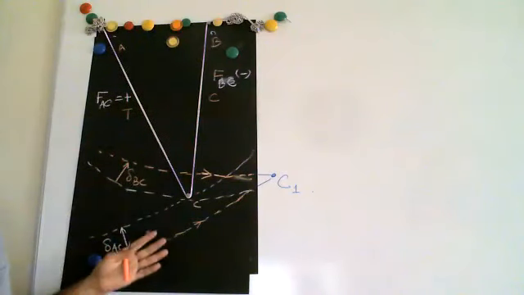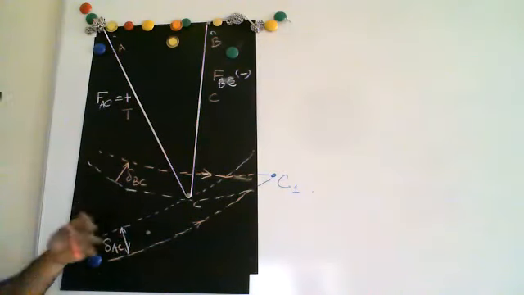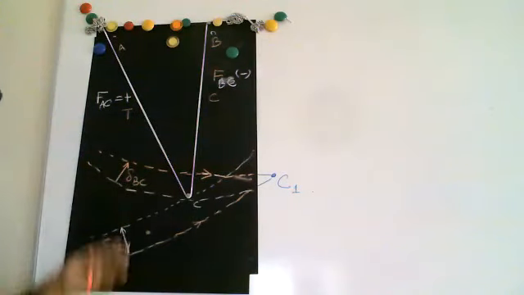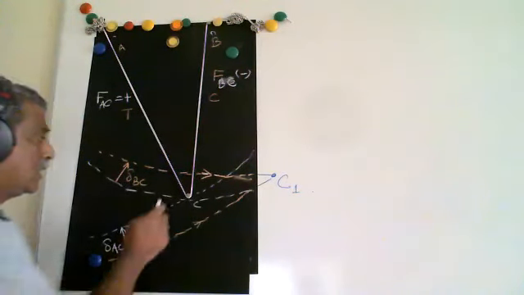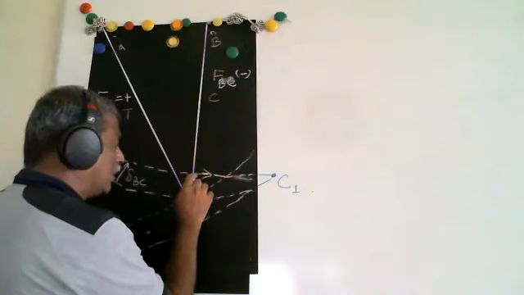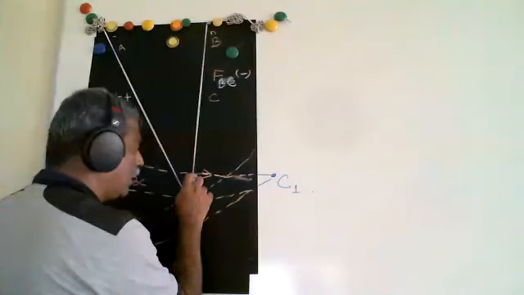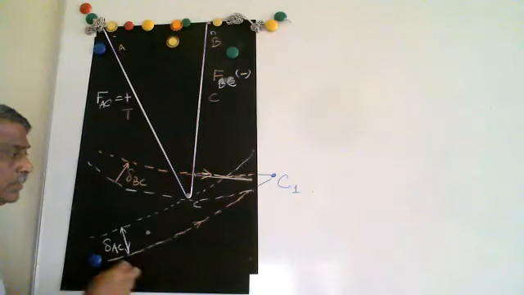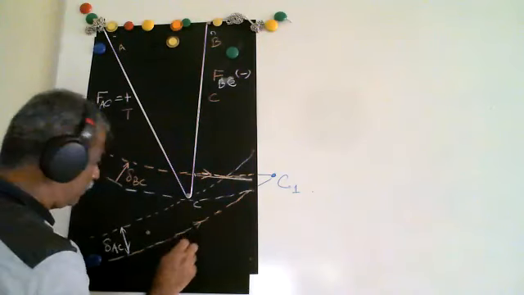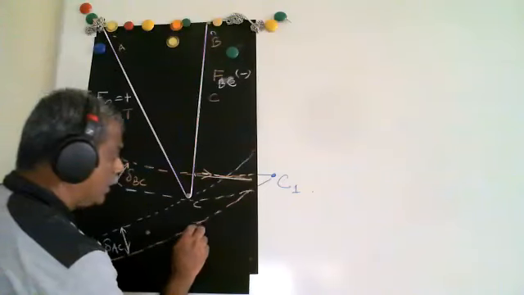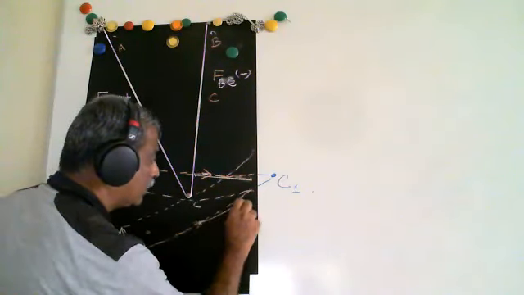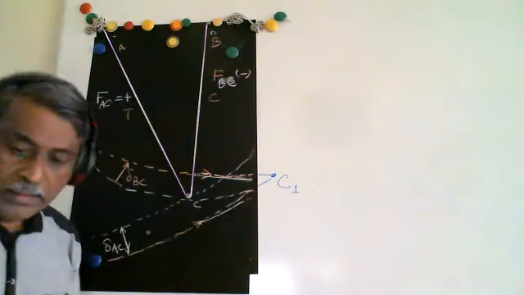Since the length is very high, I can assume that this curved arc can be approximated to be a straight line, a tangent. So I'll take this point and draw a tangent. In a similar way, I'll take this point and take a tangent. Let's say it has met at a point here.